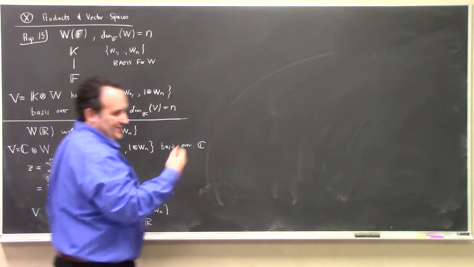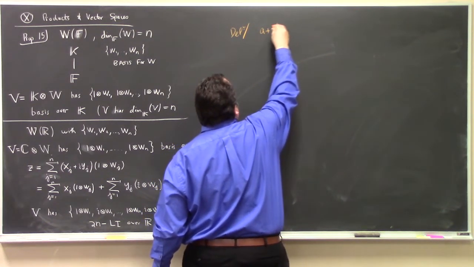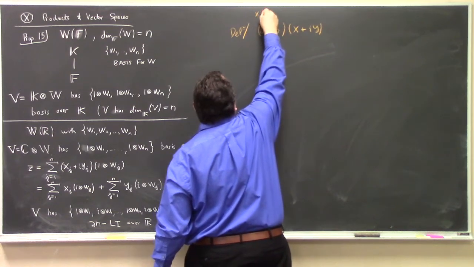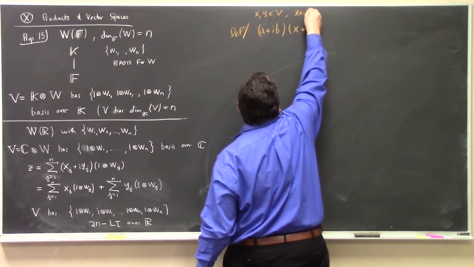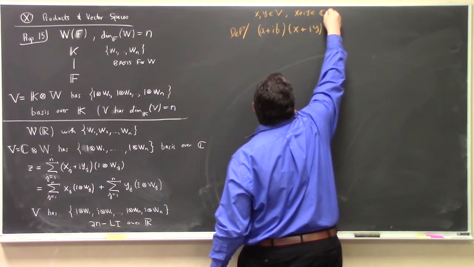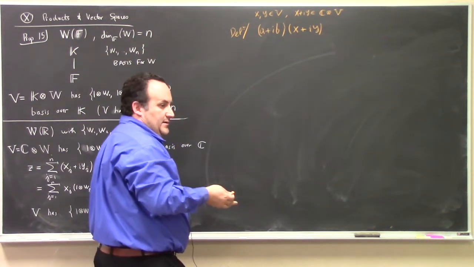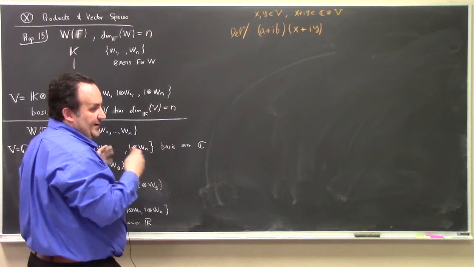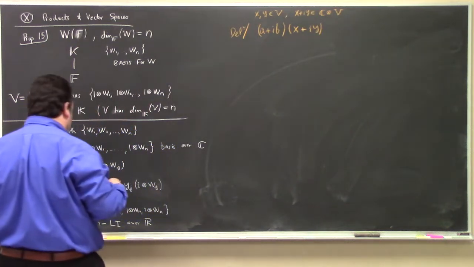So here's my definition in linear algebra. If I have a plus ib, and I multiply it by x plus iy, where x and y are in V, and x plus iy is in the complexification of V. One of my claims is that any vector in the complexification can be written as x plus i times a real vector plus i times the imaginary vector.